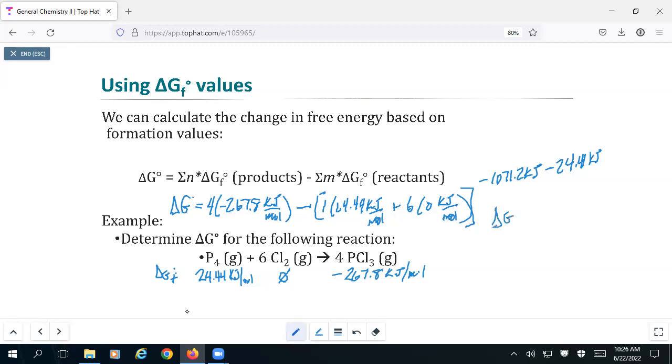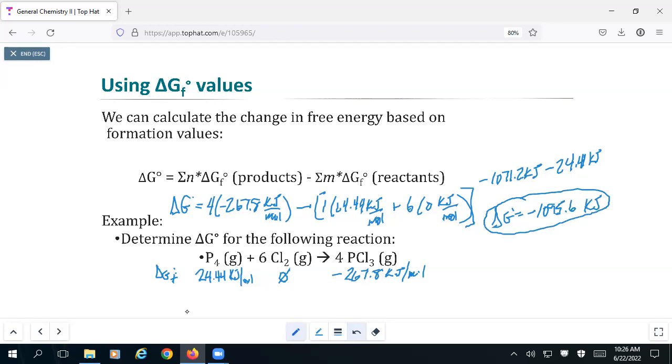So delta G would be the sum of those two. So negative 1095.6 kilojoules.